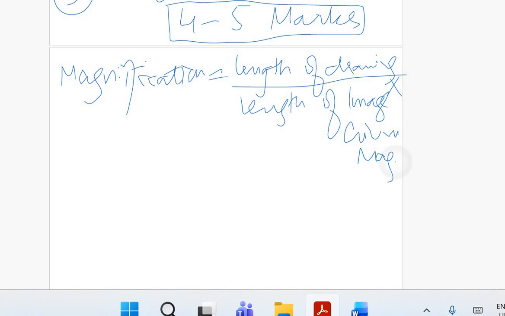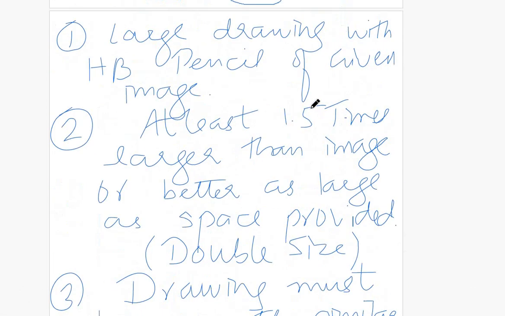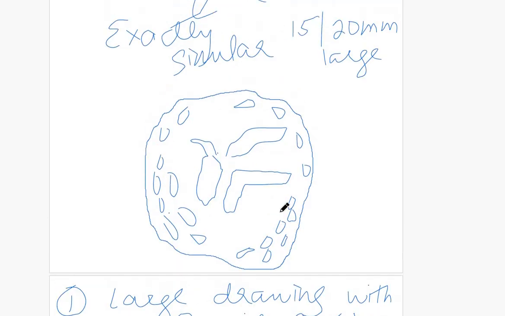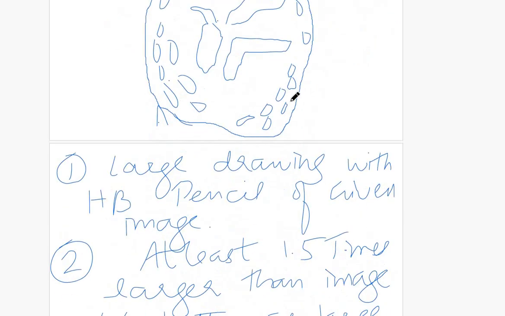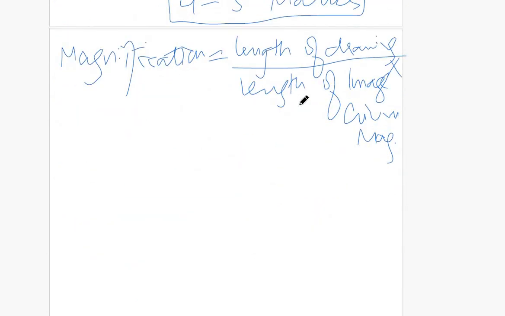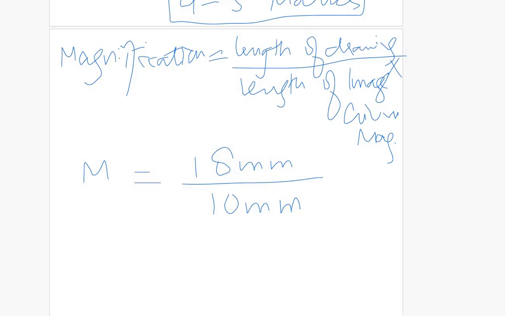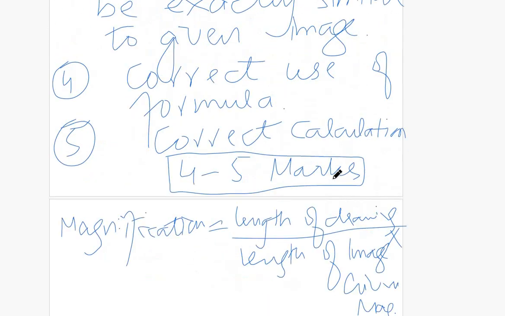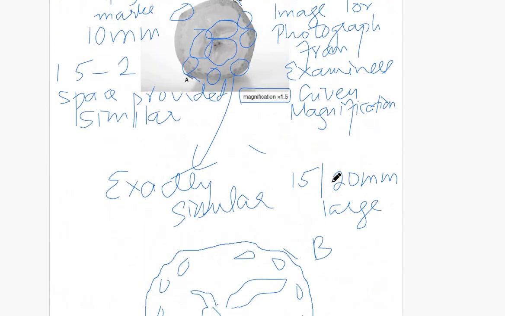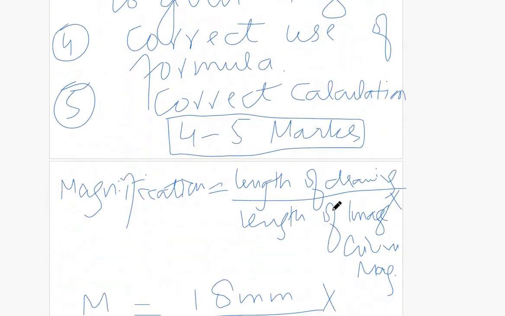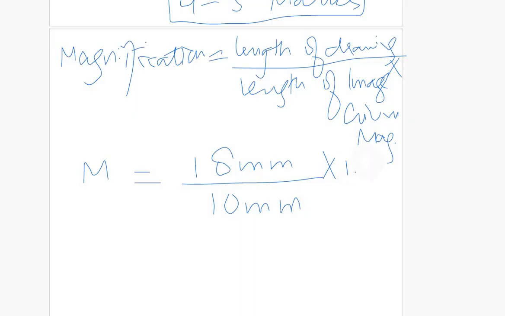Our length of drawing was almost double. For example, the length between A and B was 18 millimeter. So magnification is equal to 18 millimeter, the given length was 10 millimeter, and the given magnification is 1.5.